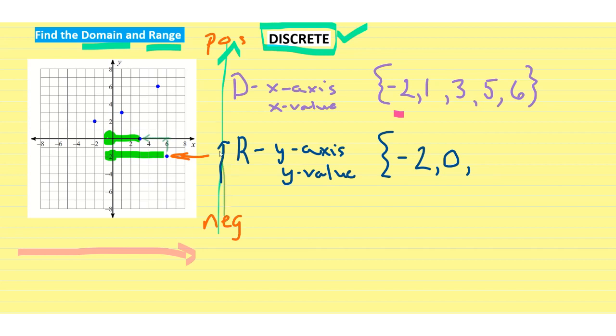Like I said, we're going from negative to positive, so I'm going to go up to the next point. That point lines up with the 2 on the y-axis. So that's going to be my next range value. I'm going to put a positive 2 right there.